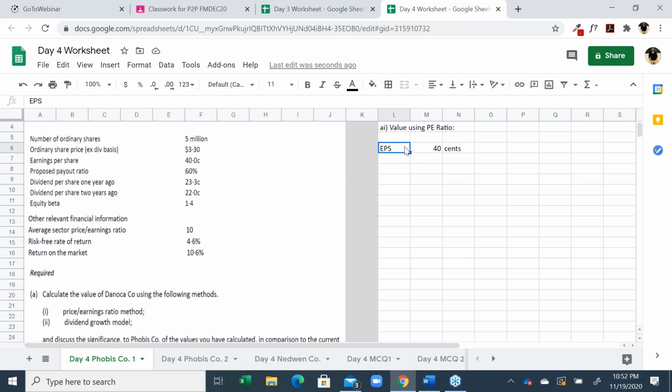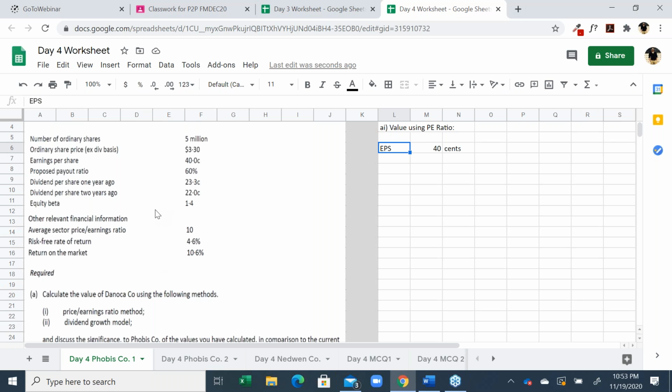We have to pick a similar size company, or we may pick up the industry average. So we have to pick the PE ratio of that similar company, or we may have the average PE ratio of this sector or industry and use it for valuing the company.